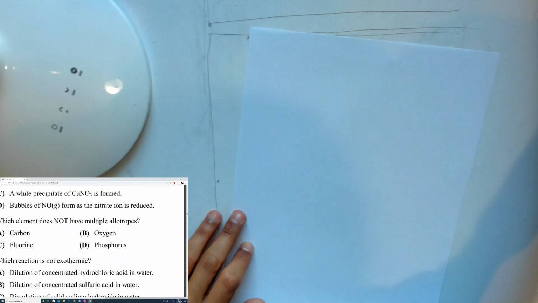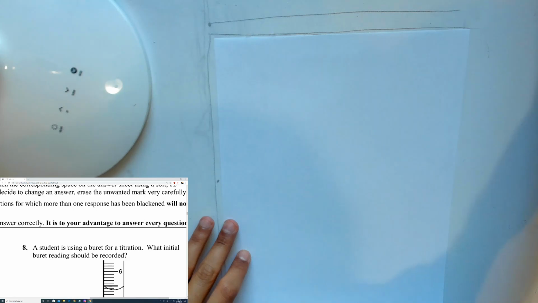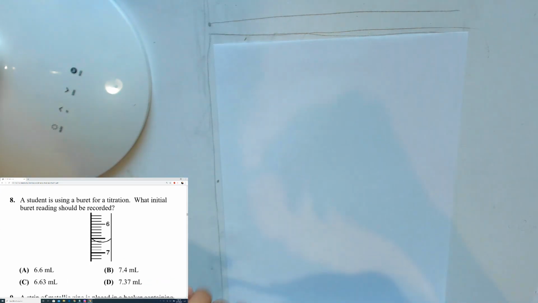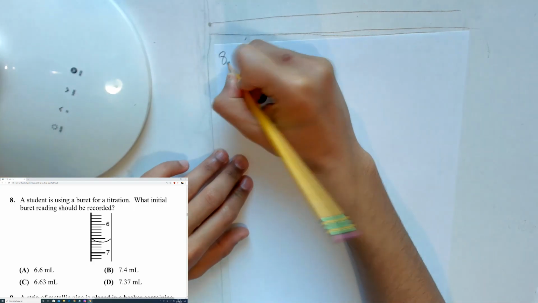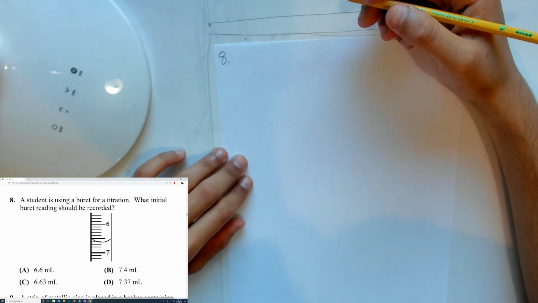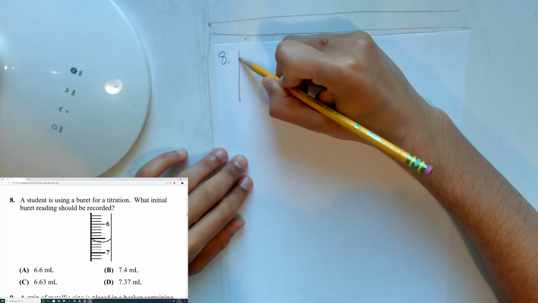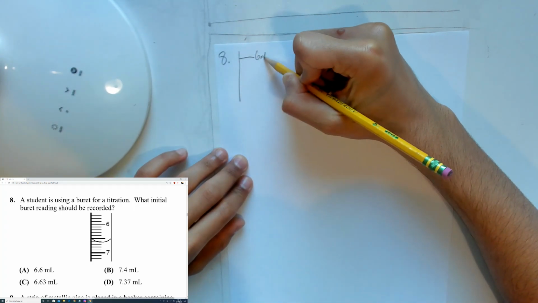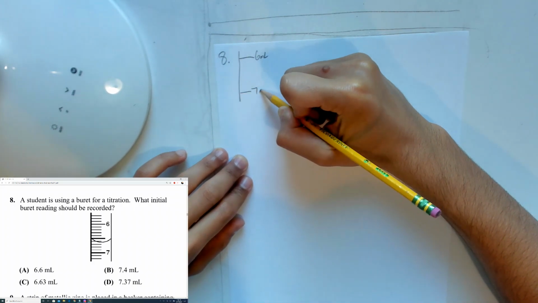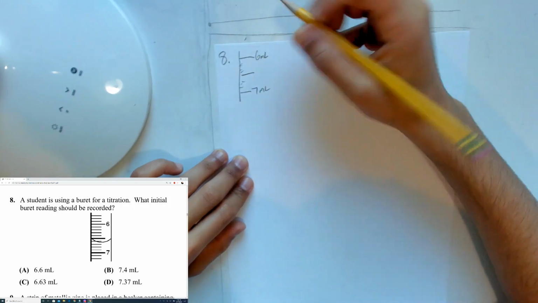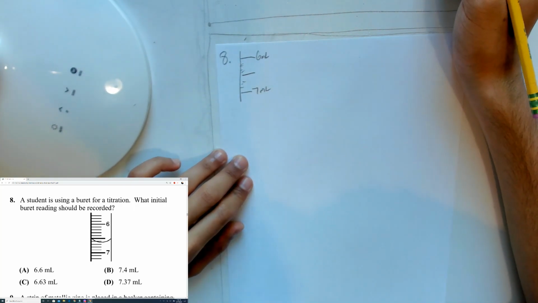Number 8. Okay, number 8. So we have ourselves a burette, right? And then you read a burette like this. So if we have 6 ml, and then you have 7 ml, you read it kind of backwards, right?